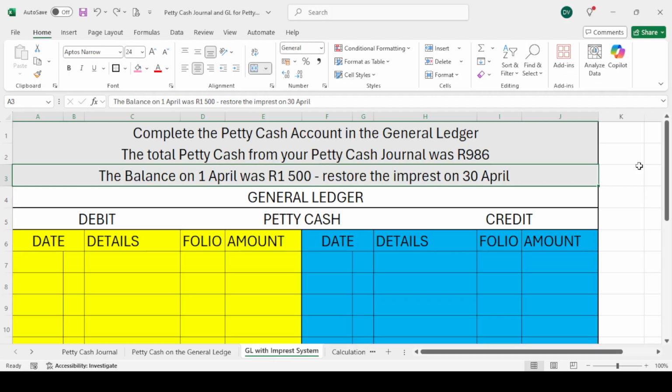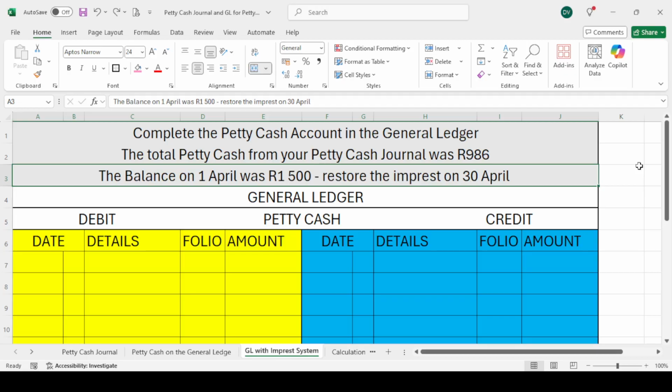What does that mean? When they say restore the Imprest, it means that the owner or the petty cash manager decided on a specific petty cash amount. In this case, they want the petty cash to be 1,500 Rand. It means that at the beginning of the month, it will be 1,500 Rand.